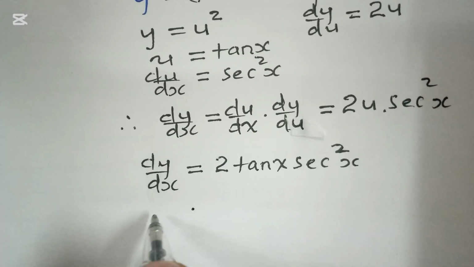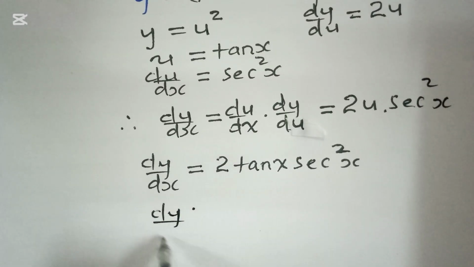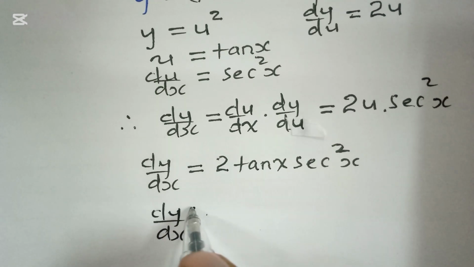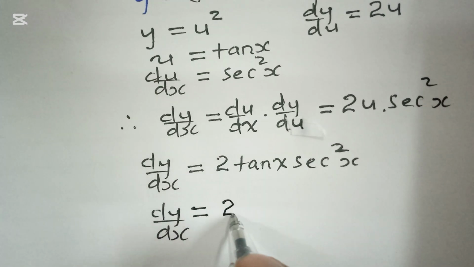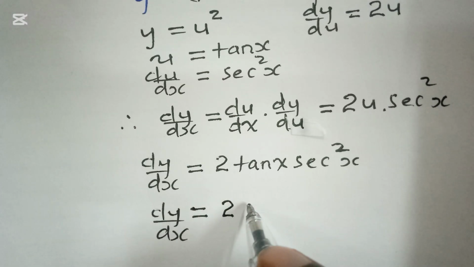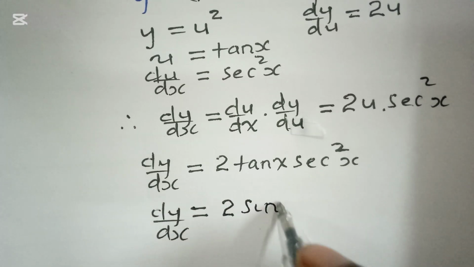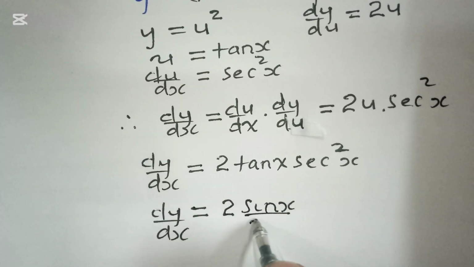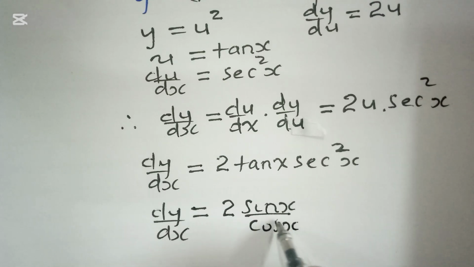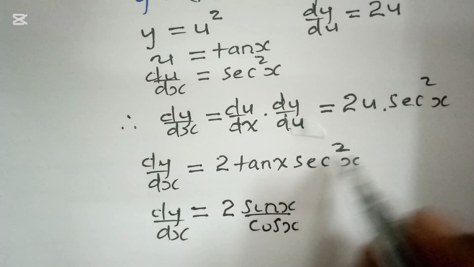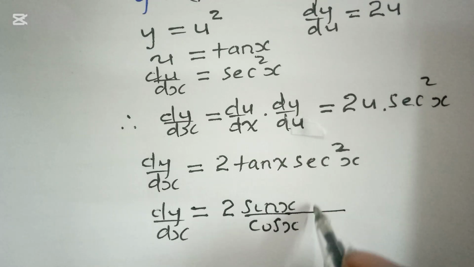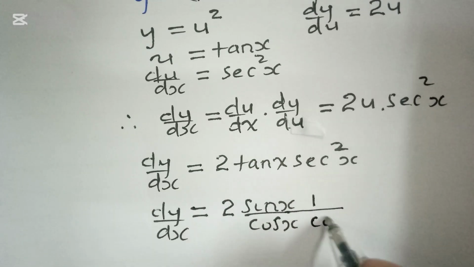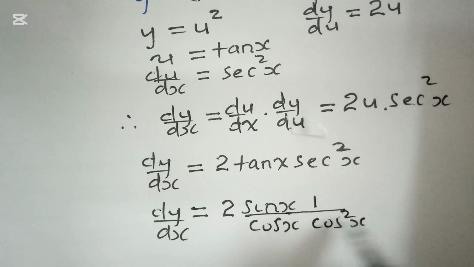And so dy dx will then be equal to, we have 2 there. Guys, here we have sin x all over cos x. And then guys, we have sec squared x, which is the same as 1 over cos squared x.